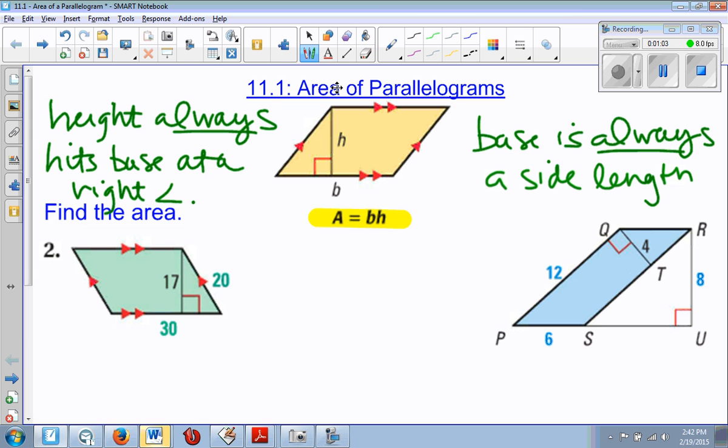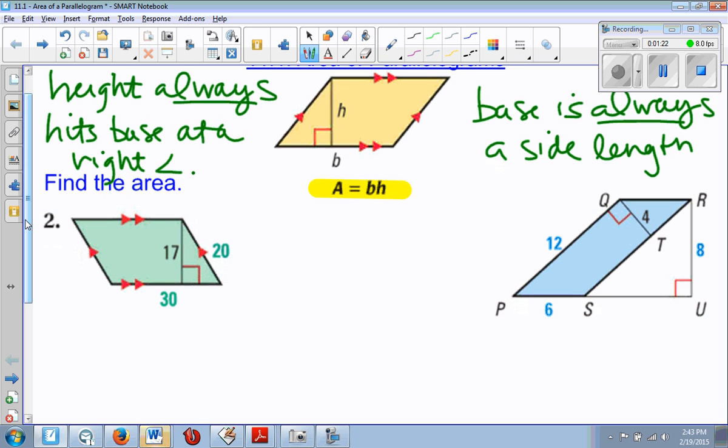If you did not write down either of those things, you need to do so now. The base of a parallelogram is always one of its side lengths, and the height, just like when you find the height of a triangle, is always something that hits the base at a 90-degree angle. So it's never a slanted piece for the height.